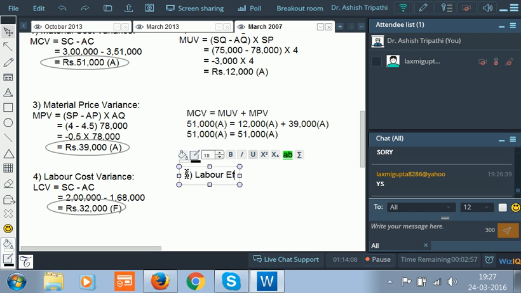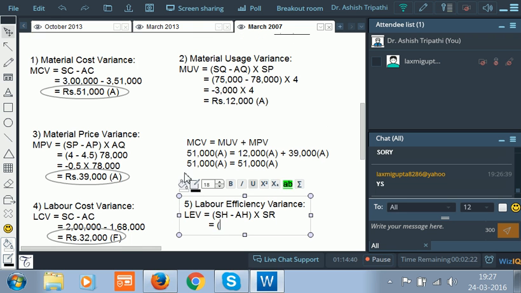Let us solve the next one, the fifth part, labor efficiency variance. The formula will be standard hour minus actual hour into standard rate.